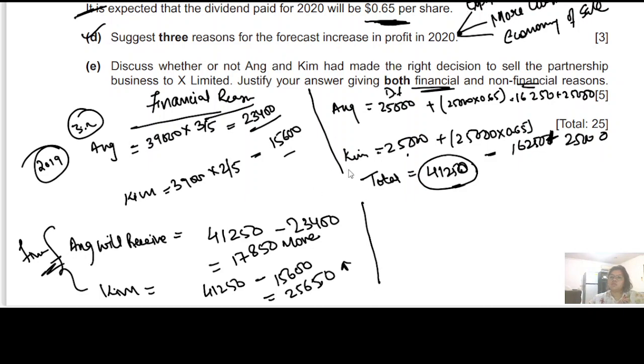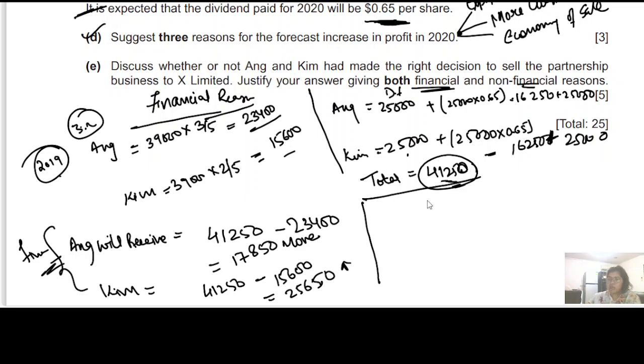So if they join that X Limited company, they earn 41,250 each. But earlier in 2009 they earned only 23,400 for Ang and 15,600 for Kim, which is very low. So yes, joining that company is a good decision.